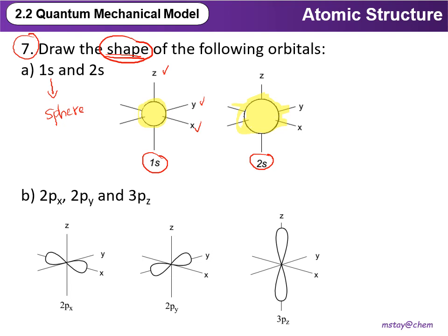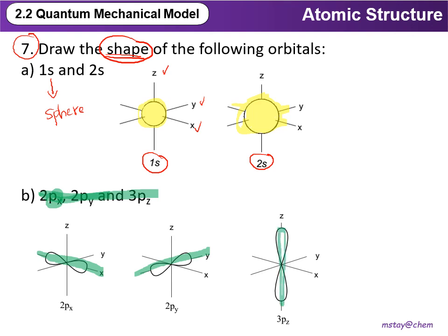While for question B, 2px, 2py, and 3pz. Again, with the labelled axes, for px you have to make sure the dumbbell is on the x-axis, while for py, the dumbbell is on the y-axis, and for pz, the dumbbell is on the z-axis.